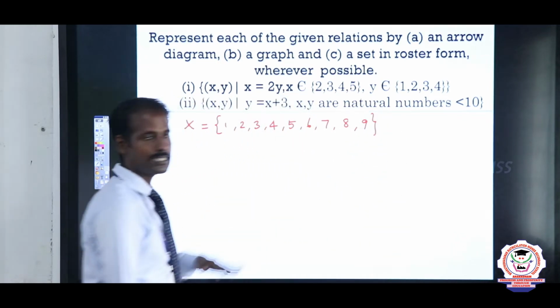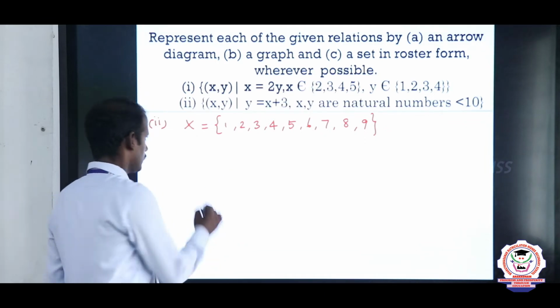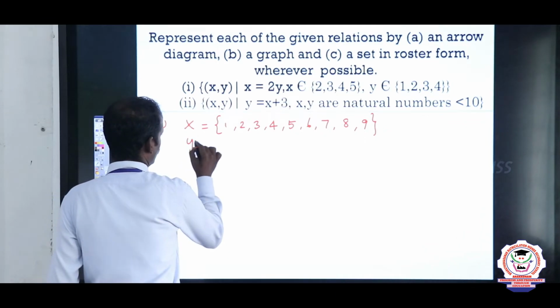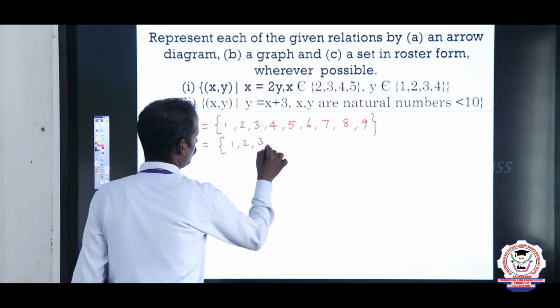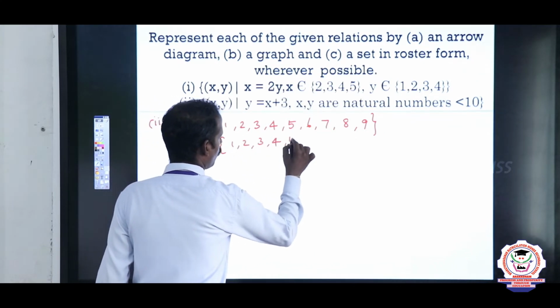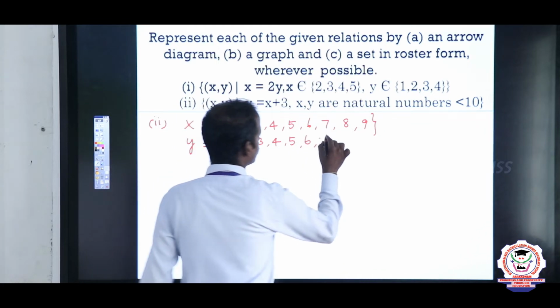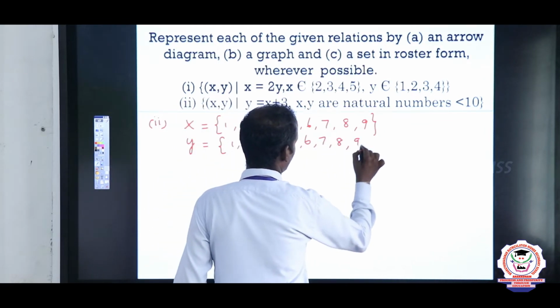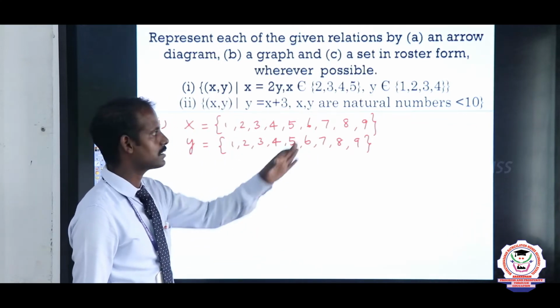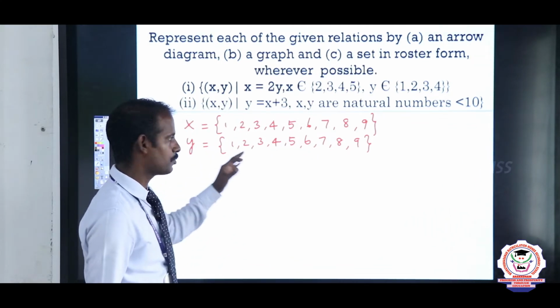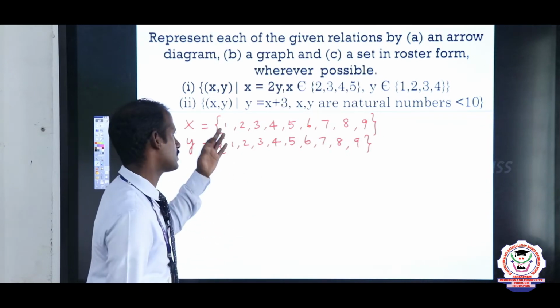Next, what are the y values here? The y values are the same: 1, 2, 3, 4, 5, 6, 7, 8, 9. Why not write 10? Yes, less than 10. That is why up to 9. This is x and y.